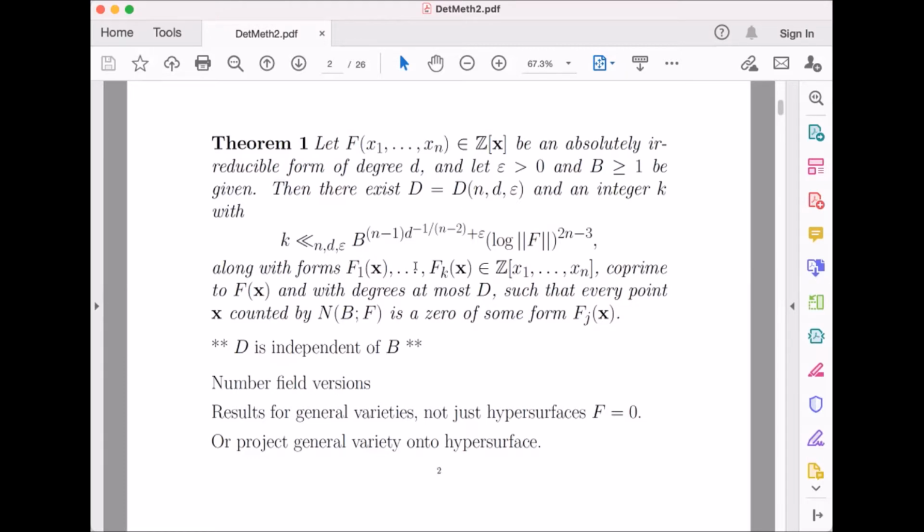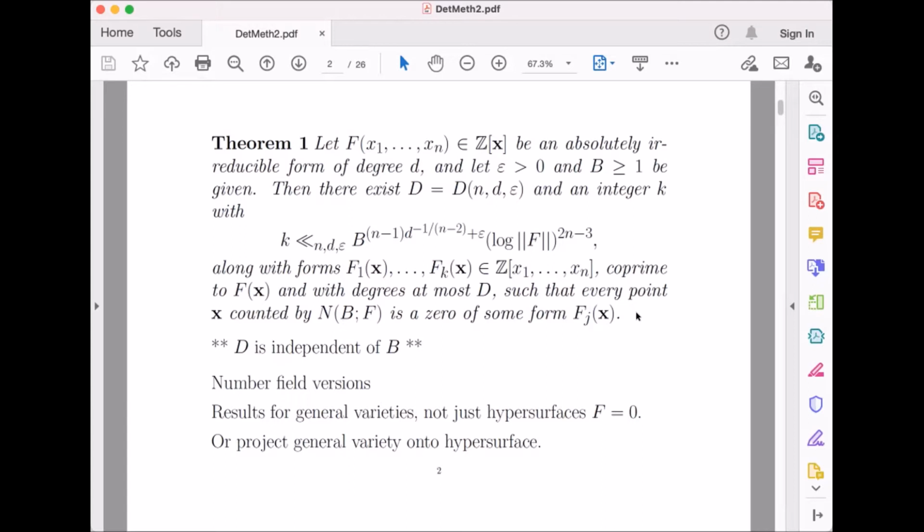So we have these auxiliary forms. And they have the property that every x that we're interested in, all the x's counted by N(f, B), that's to say all the solutions of f equals 0 in the box of size B, are zeros of some other form fj.